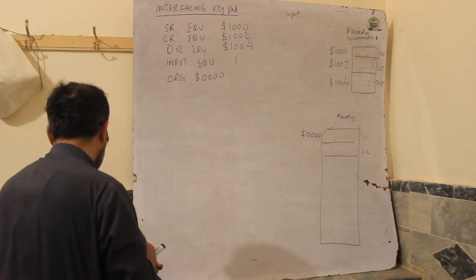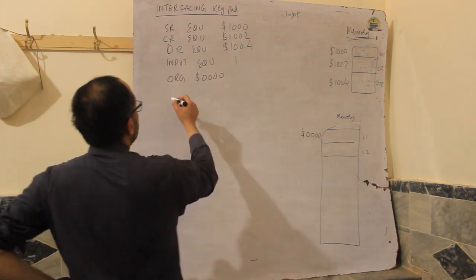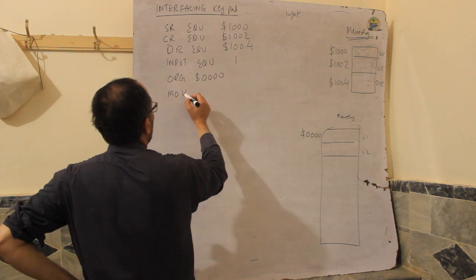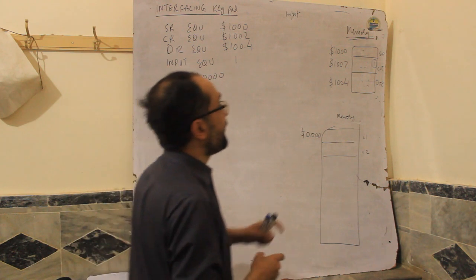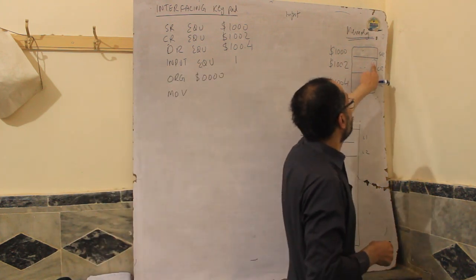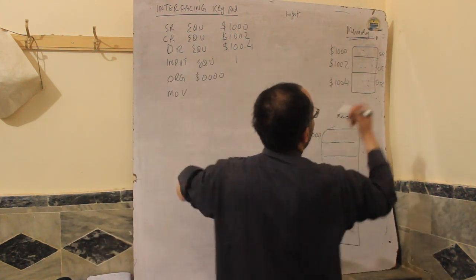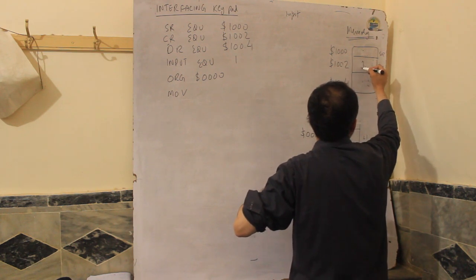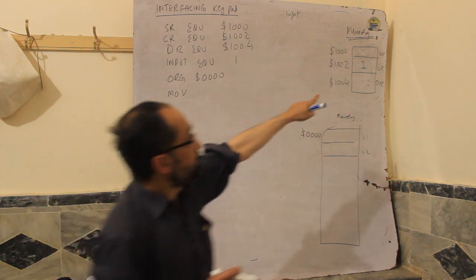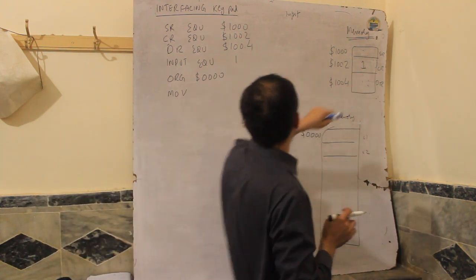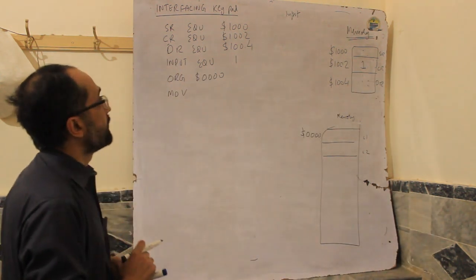So we can say move. If we want to configure the device as an input device, we have to move a value of 1 into the control register. How can we initialize this memory location with a value of 1? We will use absolute addressing mode.